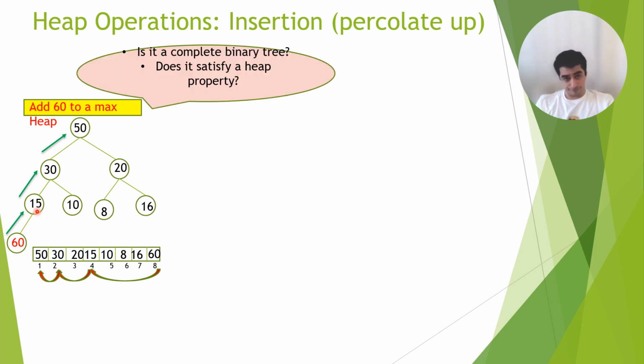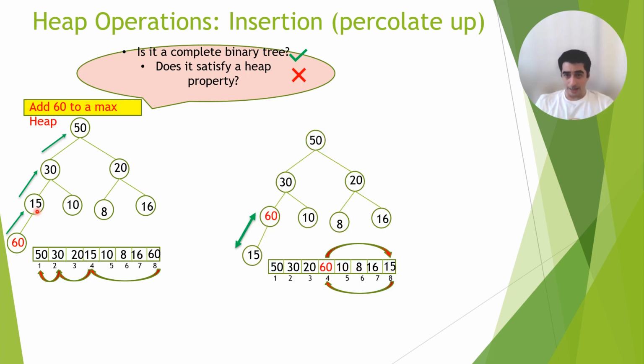So, although we have a complete binary tree, because of this relation, 60 is not less than 15, we have to apply a percolate up. So we're going to swap 60 and 15, the parent and child. So 60 will be placed at index 4, and 15 is going to index 8.